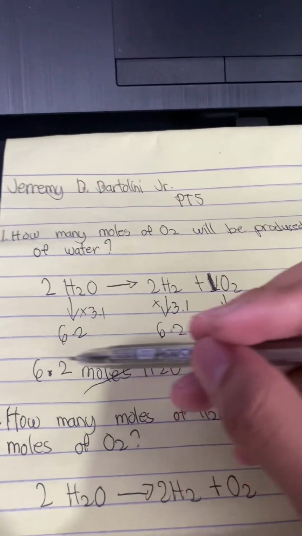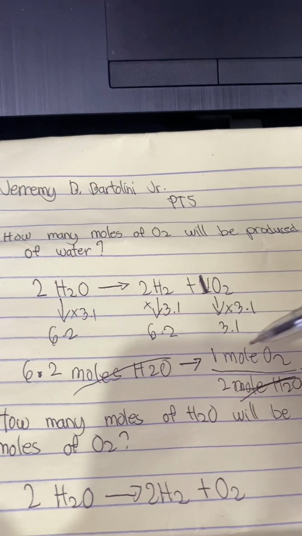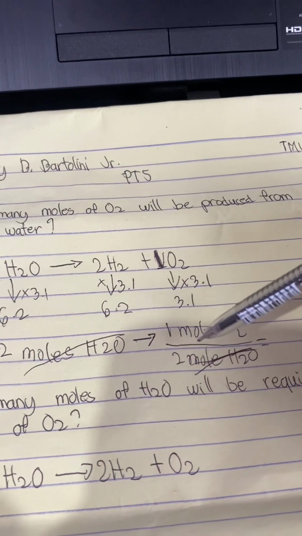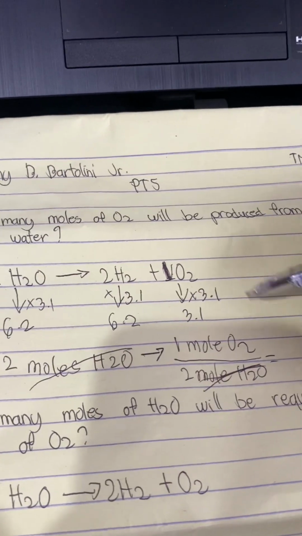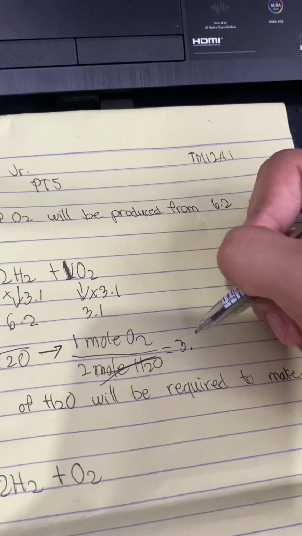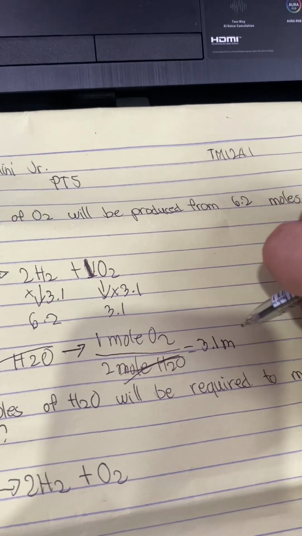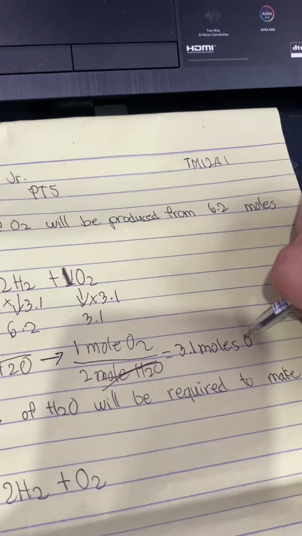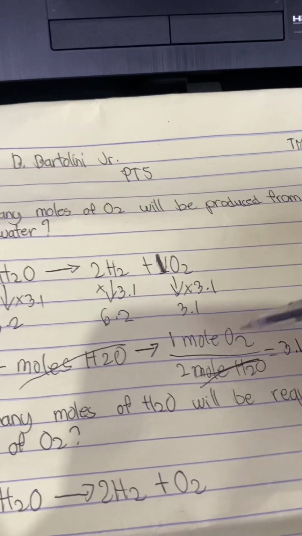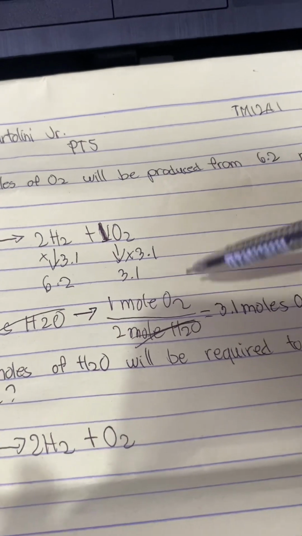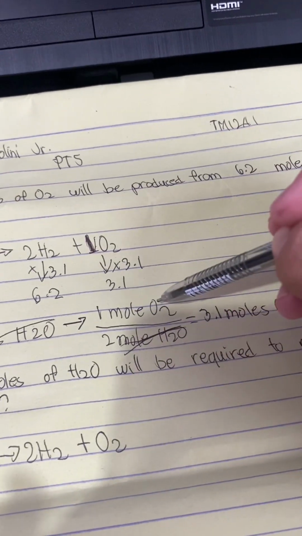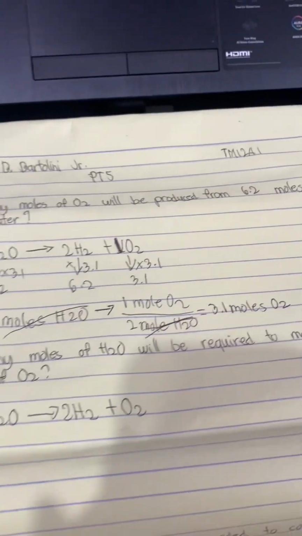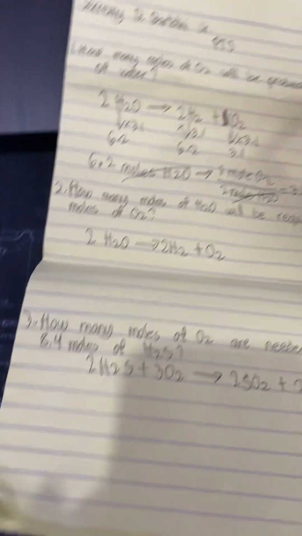So we have 6.2 times 1 will be 6.2, divided by 2 will be 3.1 moles of O2, because we have only O2 here. So this will be the answer here. I'll proceed to the next example.